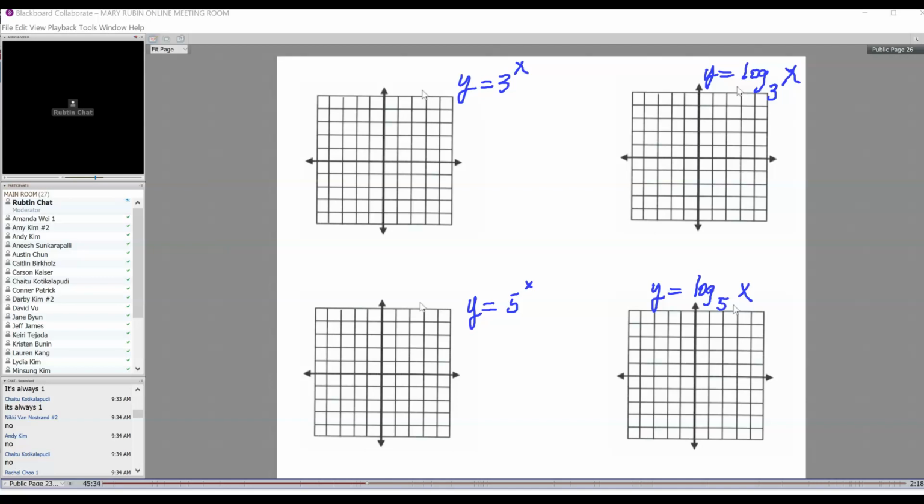I'll give you about a minute to do those, and while I'm at it, I will write up the keystrokes for this. Okay, so to get that log base 3 for this one, go to alpha, you hit window, which is F2, and then choose number 5, and it will allow you to put this log base whatever in your life. How did you do it? I hit the math button. Yes. That's another way you can do it. There are several different ways.